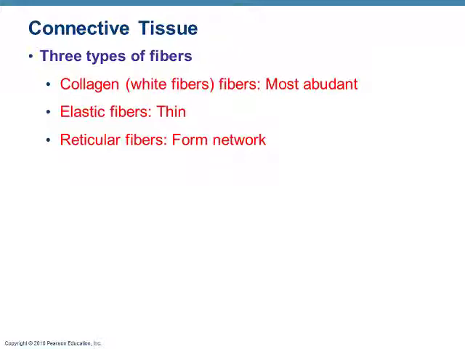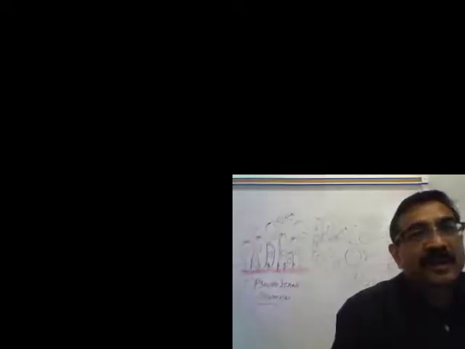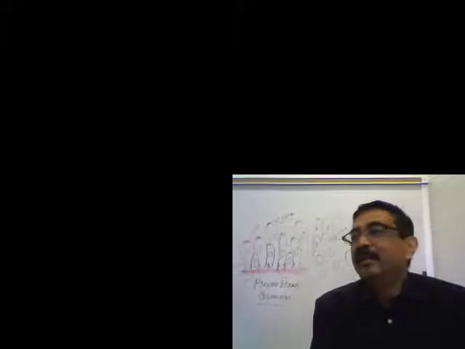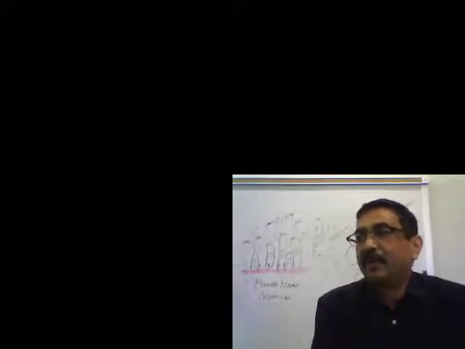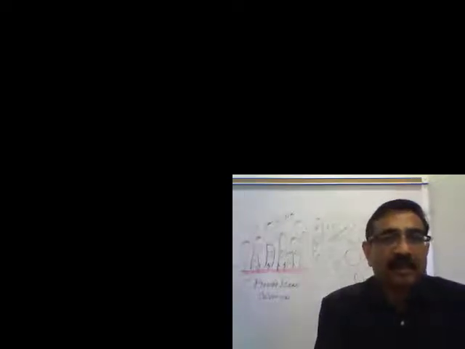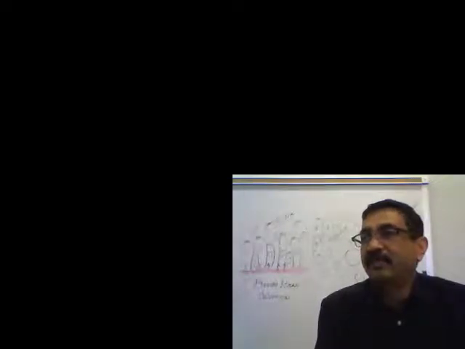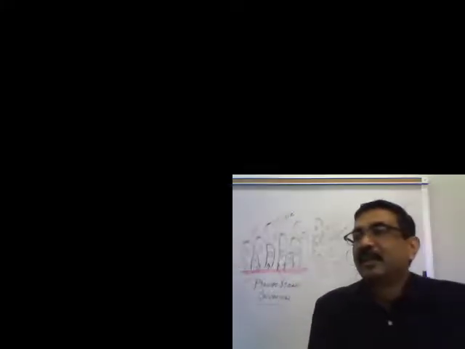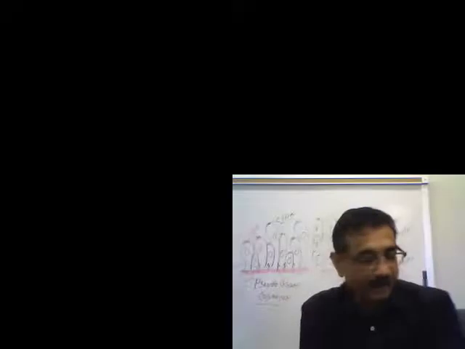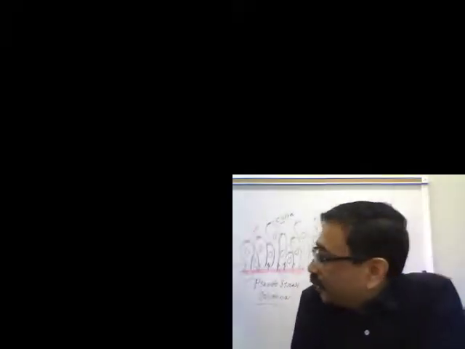Reticular fibers are present mainly in the lymph organs. For example, lymph node, spleen, liver, those organs have plenty of reticular fibers and they form a network. So spleen, tonsil, lymph node, liver, those organs have reticular fibers. So these are three types of fibers.